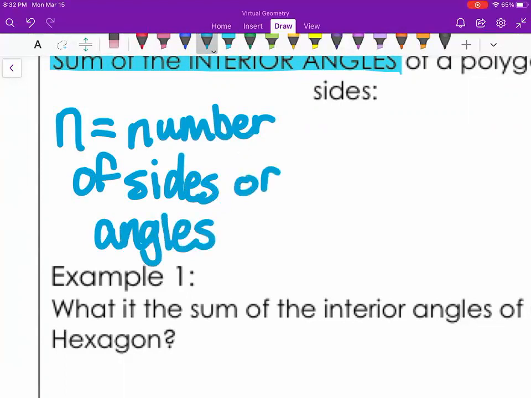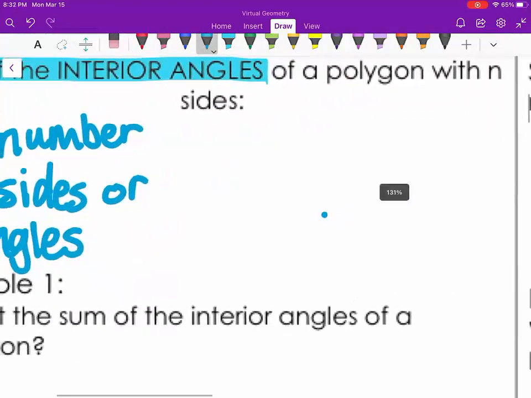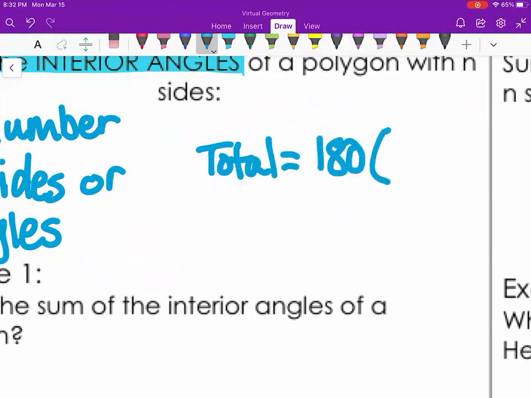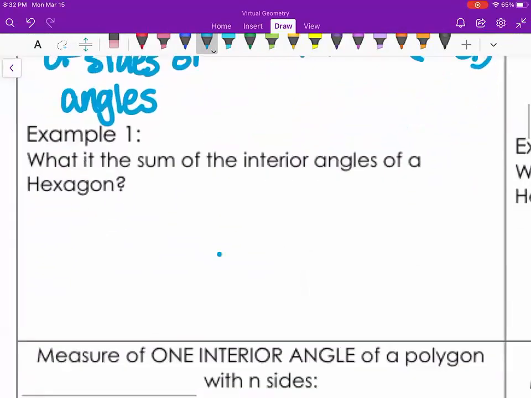So let's change that to an or. So the formula that we're going to be using says that to find the total, we are going to do 180 degrees times n minus 2. So 180 times the number of sides the figure has minus 2 from that. And so we're going to see some examples of how that works here in just a second.